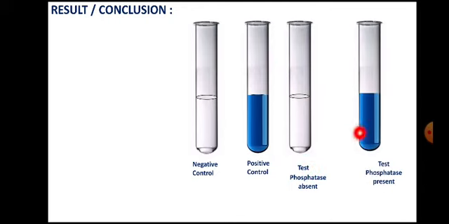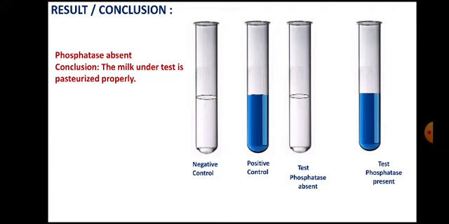Presence of blue color indicates that phosphatase enzyme is present. So present and absent. So see, these are the two conditions. Phosphatase is absent, means here.